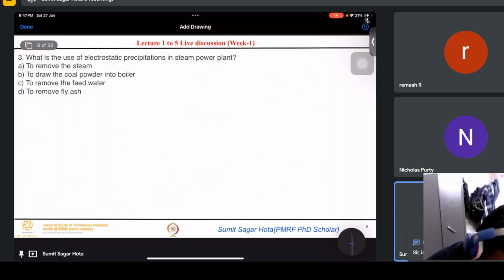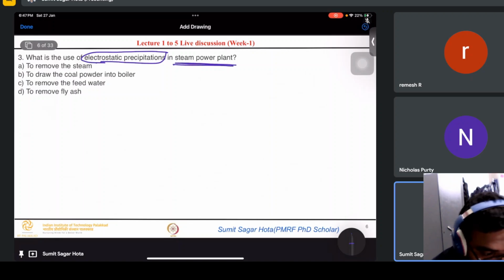What is the use of electrostatic precipitation in the steam power plant? Okay, electrostatic precipitation, which power plant are we talking about? Steam power plant. So this electrostatic precipitation is basically used for what?